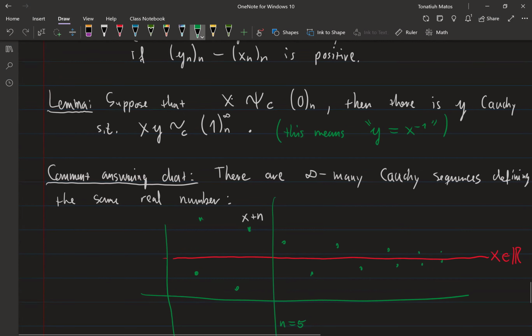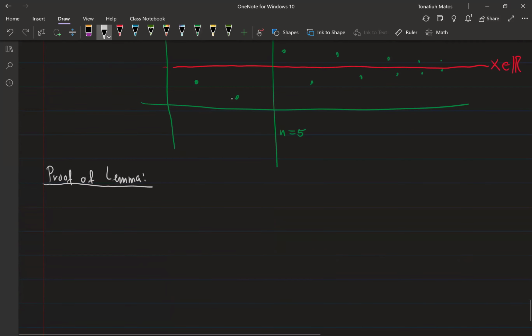So this lemma is the key to showing R is a field, right? So how do you prove this lemma?